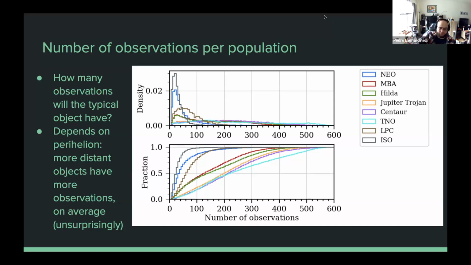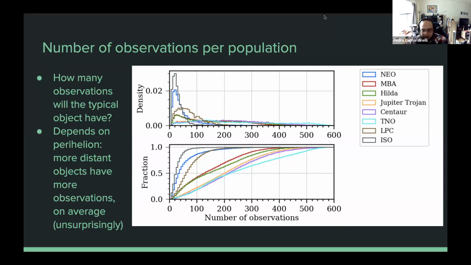And so there is an interesting trend going on here where basically the more distant the object is, so the higher its perihelion and the more constant its distance stays as a function of time, the more observations it has. You can see this by looking at the cyan curve. That's where the TNOs are, and they have a higher fraction of things with more than 300 observations.